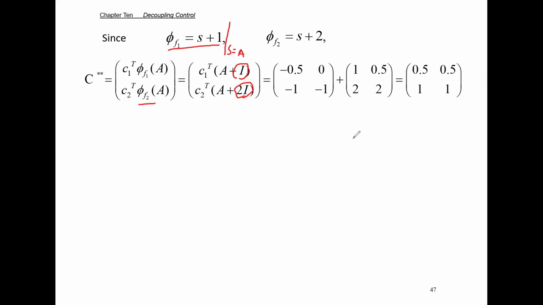Let's say in MATLAB, they just put A plus 1. If in MATLAB we do this, this 1 will be added to every element. So you have to define an identity matrix, otherwise you will make a mistake.